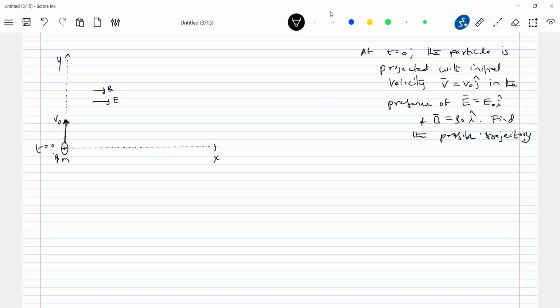Okay, now I'm bringing some electric field vector also, and we know the particle will experience electrostatic force. So here it's going to describe a helical path with increasing pitch.